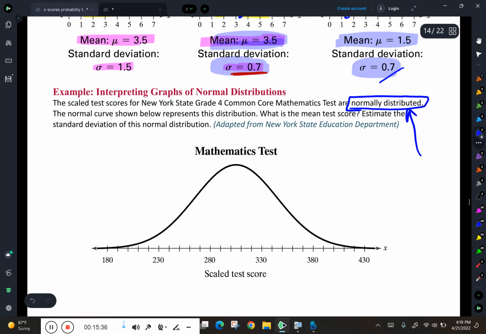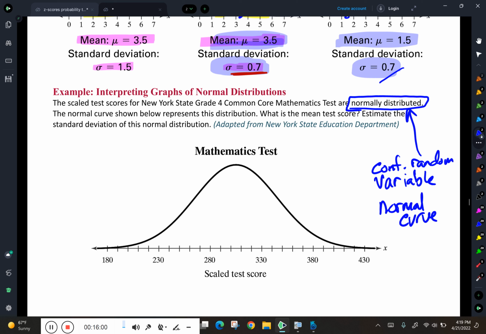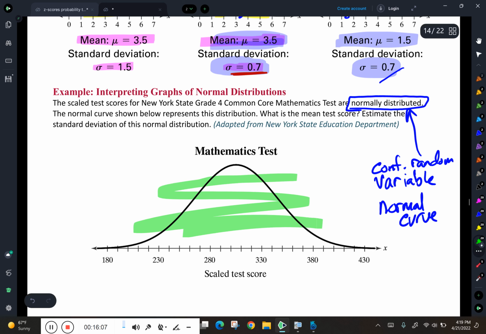When the grades are normally distributed, that means that we have a continuous random variable and that it is a normal curve that models it. Okay? So that means it's going to take this shape down here. It's going to look like this in some way, shape, or form.